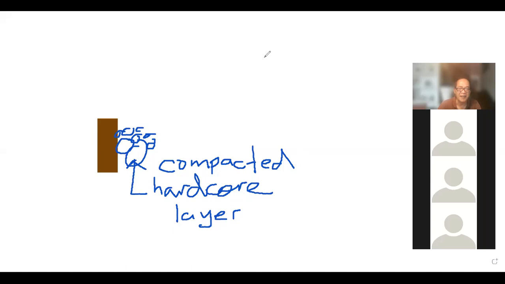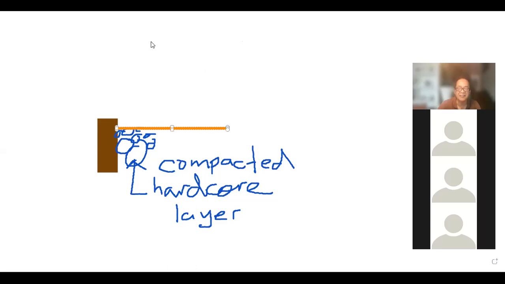And finally, a sand blinding layer, maybe of approximately 100 mm thick or 50 mm thick. Oh sorry, my mistake. Sand blinding is just thin, not thick. We have a sand blinding layer of maybe 50 mm thick.